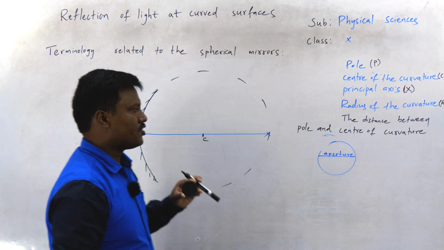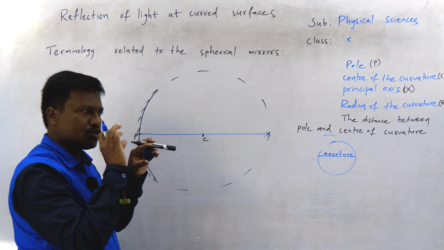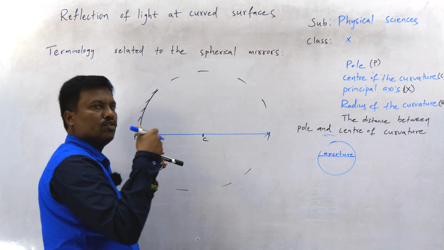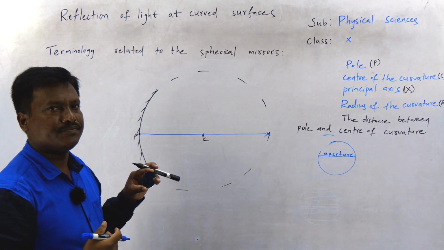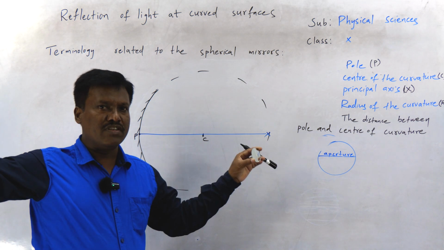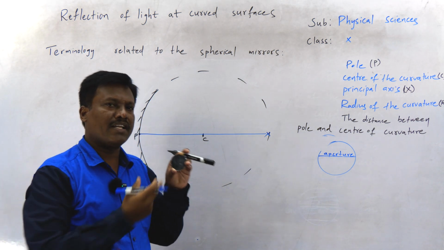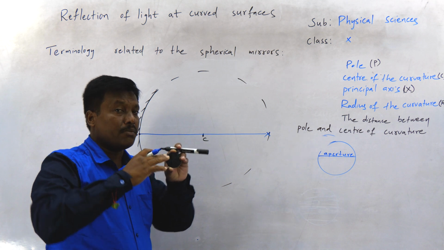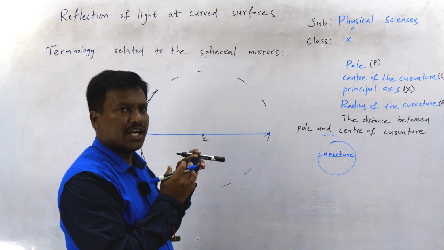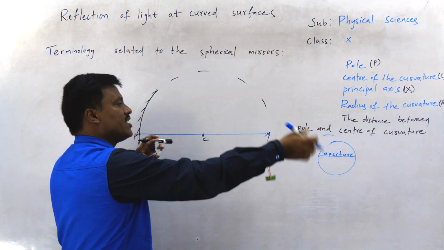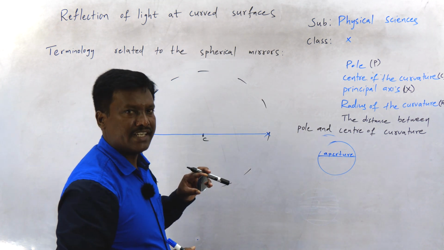Since these mirrors have small aperture, the object which is placed here is also infinity for them. Just compare the size of this universe, the size of our earth, with the size of this one. Whenever we are comparing the huge objects, this is very small. So an object placed in front of this at a little distance is also considered as infinity.